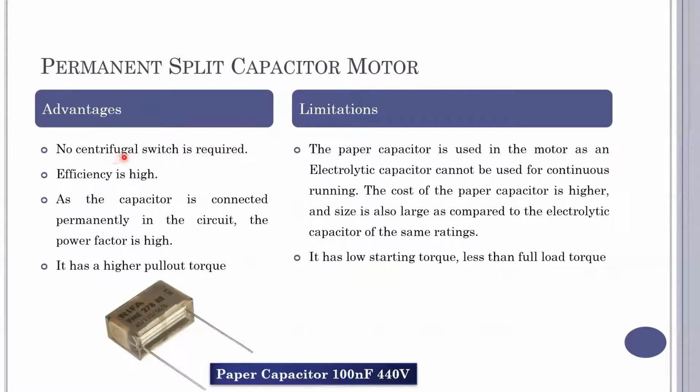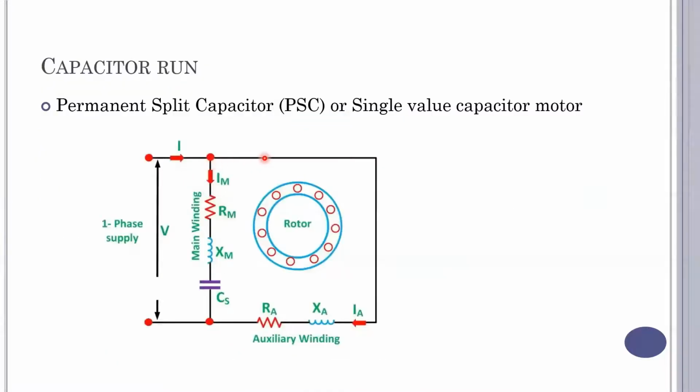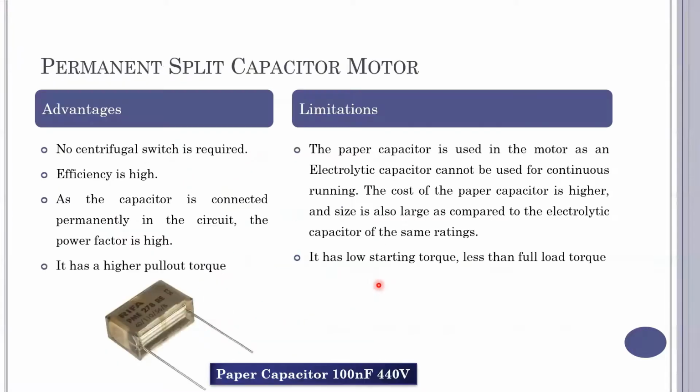And here we don't need any centrifugal switch. You can see that no centrifugal switch is used here, and its efficiency is high, and as the capacitor is connected permanently to the circuit, the power factor is also high, and we also have a higher pull-out torque.